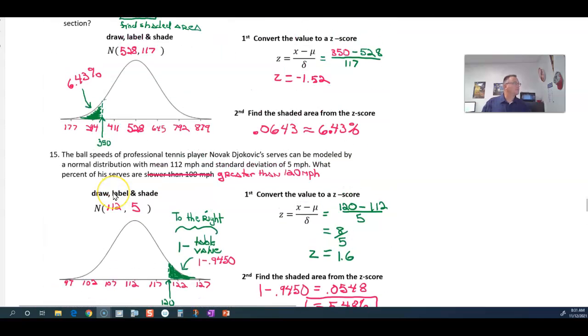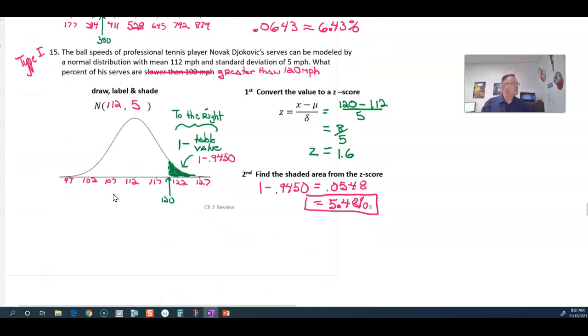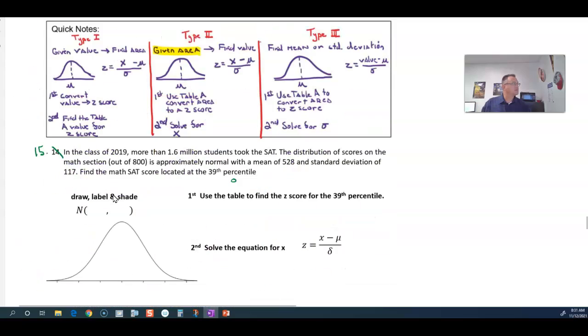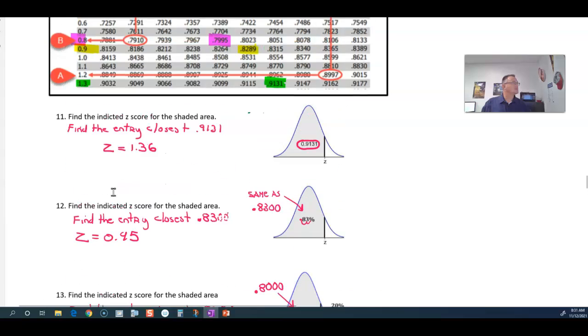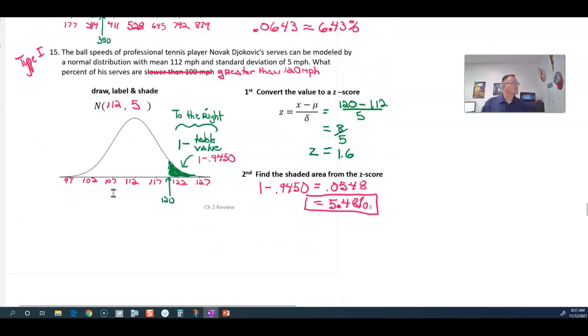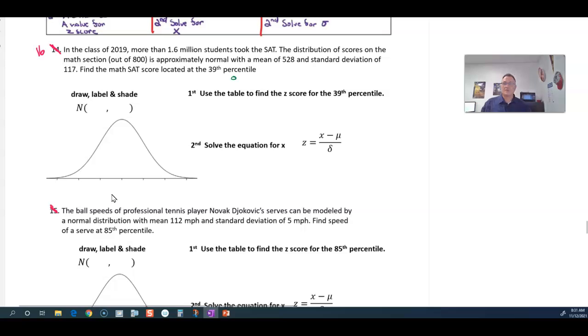Okay, so both of these were type 1. This was a type 1 problem, and 14 was a type 1 problem. And now 16 and 17. Let's see, this is 14, 15. This should be 16, 17. Yeah, okay.